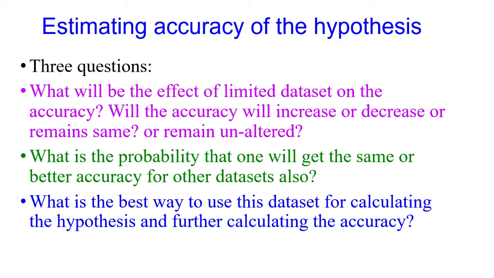What is the probability that we will get the same or better accuracy for other data sets also?